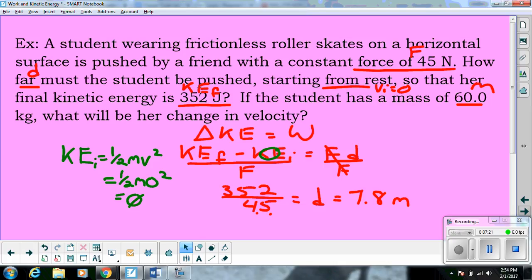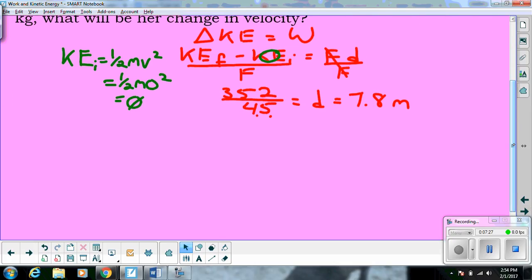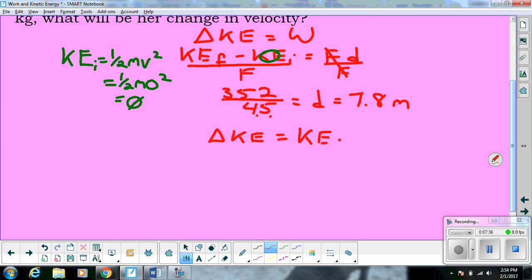The second piece here is, what was her change in velocity? Well, change in kinetic energy equals kinetic energy final minus kinetic energy initial. And I know for a fact that the initial kinetic energy is 0.